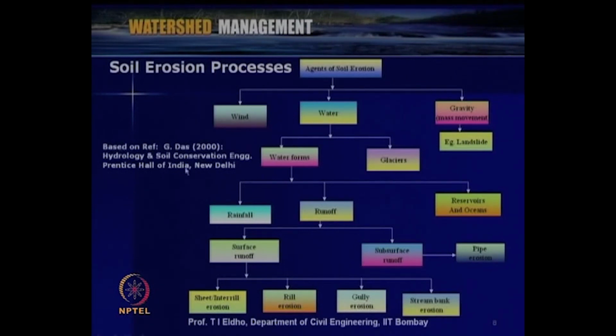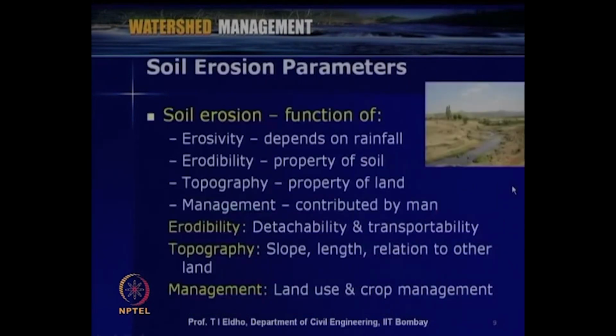So, these are the major processes taking place as far as soil erosion is concerned, either due to winds or due to water or the mass movements, as in the case of a landslide. So, now what we have seen is various processes taking place with respect to erosion, especially in a watershed or in a river basin.